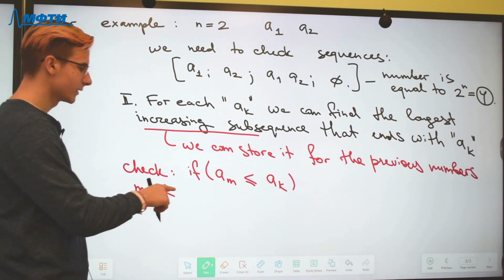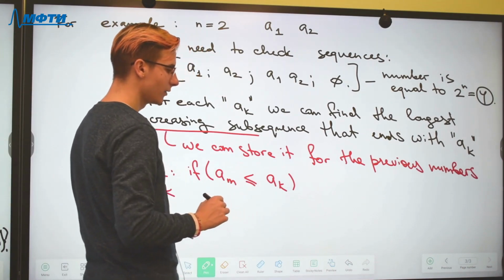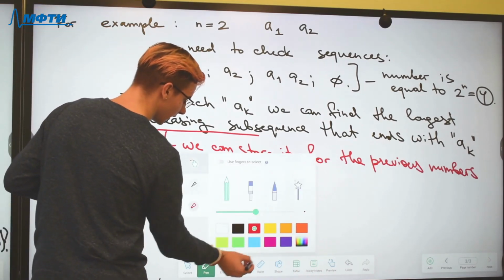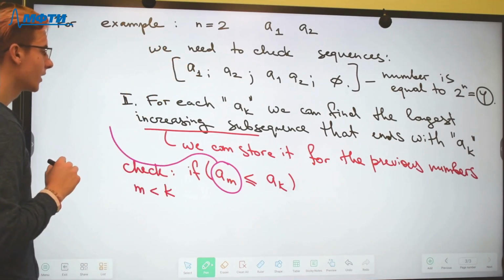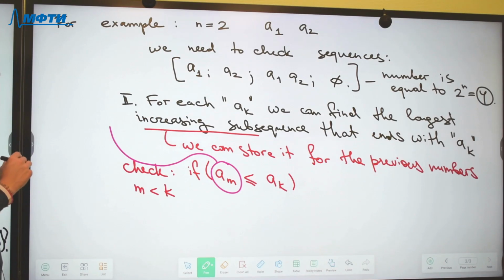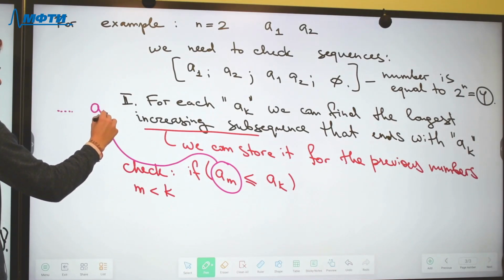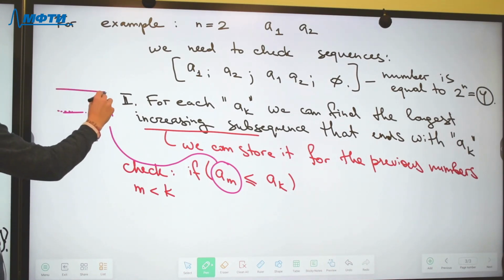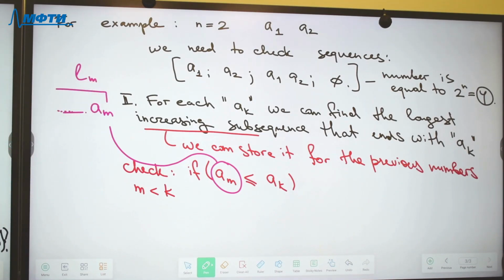And if we find Am such that it is less or equal than Ak, we know for this number that the longest subsequence that ends in Am has length Lm, for example.